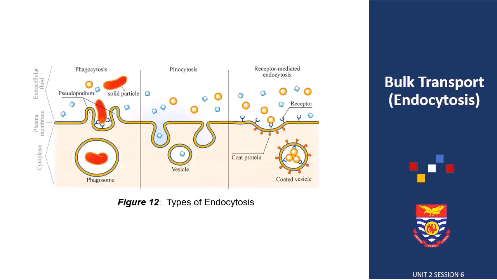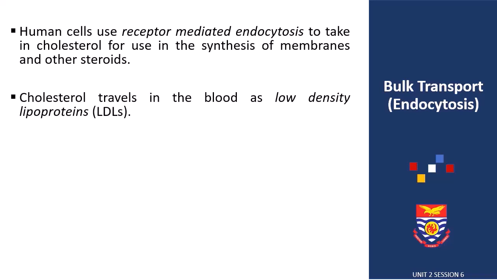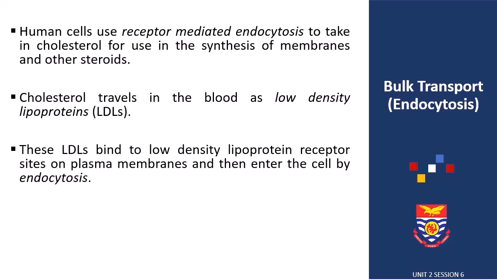Figure 12 indicates the types of endocytosis, that is phagocytosis, pinocytosis, and receptor-mediated endocytosis, as already explained in the previous slides. Now, human cells make use of receptor-mediated endocytosis to take in cholesterol that is used for the synthesis of membrane and other steroids. Cholesterol travels in the blood as low-density lipoproteins. These low-density lipoproteins bind to the low-density lipoprotein receptor sites on the plasma membrane and enter the cell by endocytosis.